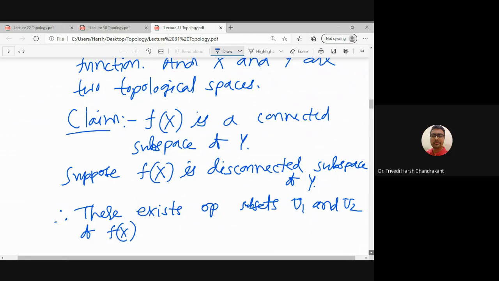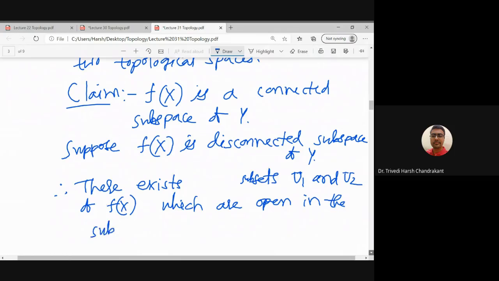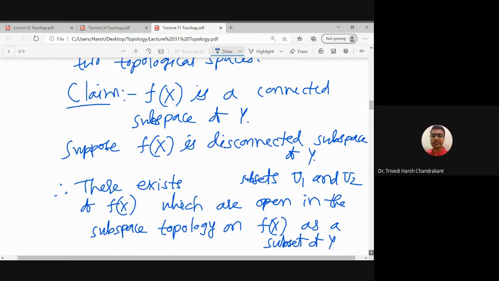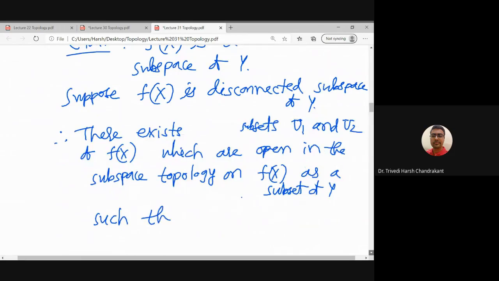So there exist subsets u1 and u2 which are open in the subspace topology on f(X) as a subset of Y, so that f(X) is disconnected and u1, u2 is a separation.